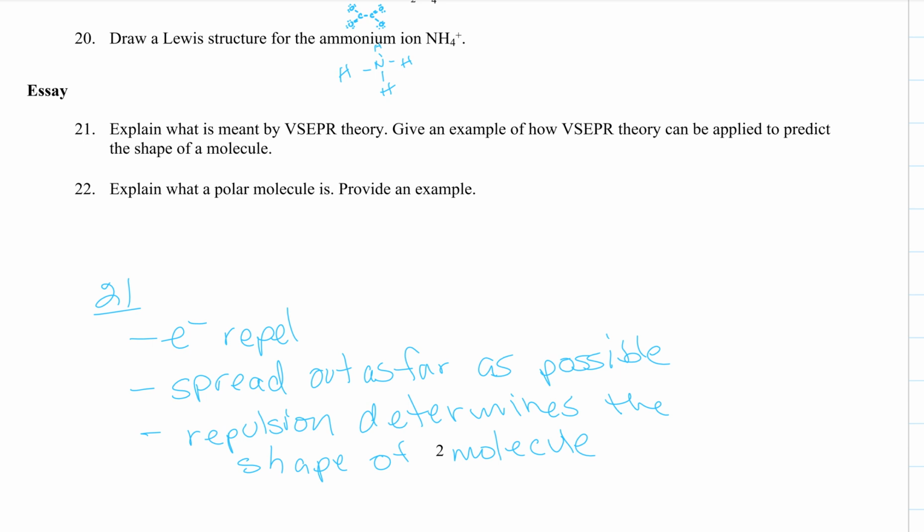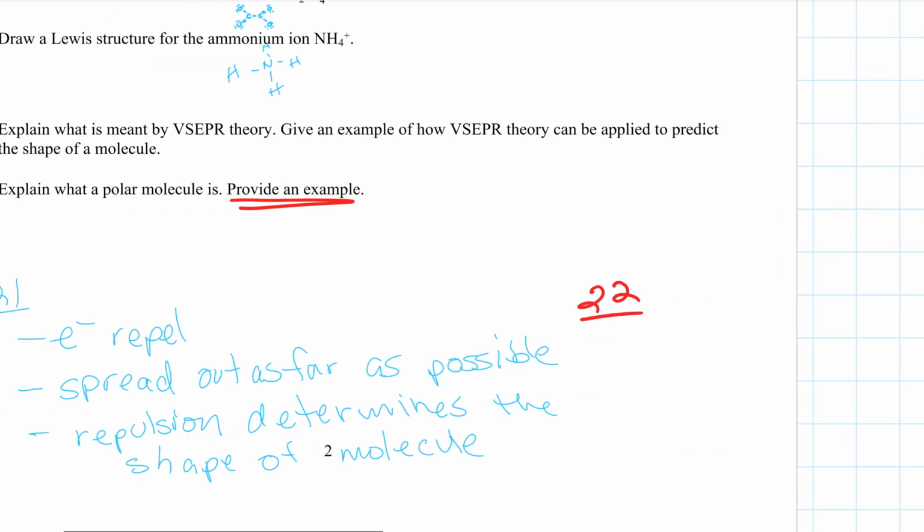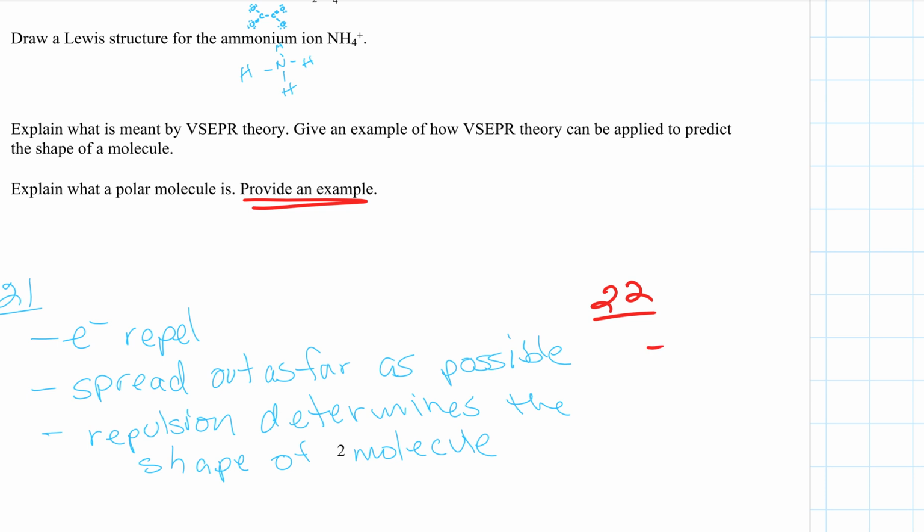Okay, now 22. Take a look at 22 here. Let's change colors here. Let's do 22 in red. Okay, 22. Explain what a polar molecule is and provide an example. All right, so a polar molecule.